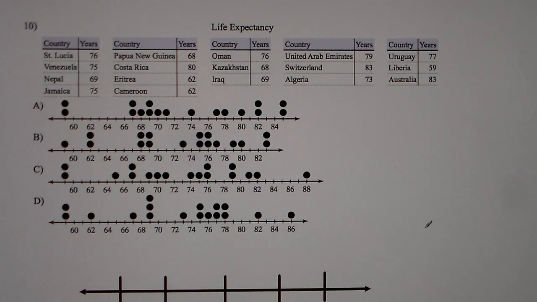Let's do one more dot graph. Looking at our data, we have on option A, there's 2 55s. Option B, there's only 1 55. C and D, there's also 2 55s. So if we look at our data, we have no 55s.